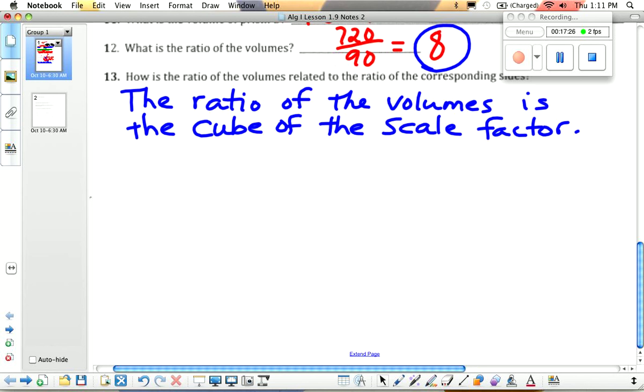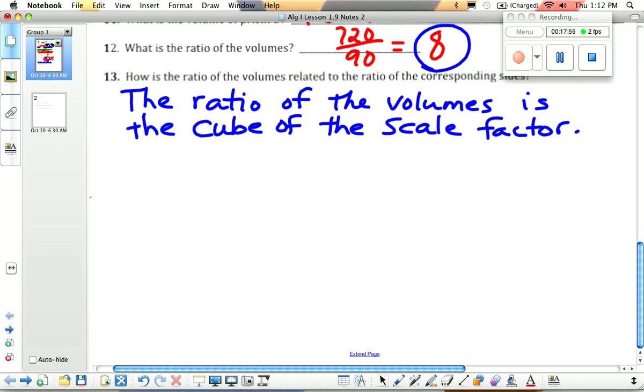The ratio of the corresponding sides and the perimeters ratio, how are they related? The ratio of the scale factor and the ratio of the perimeters is the same. The ratio of the corresponding sides, the scale factor, and the area: the square of the scale factor. The scale factor times itself.